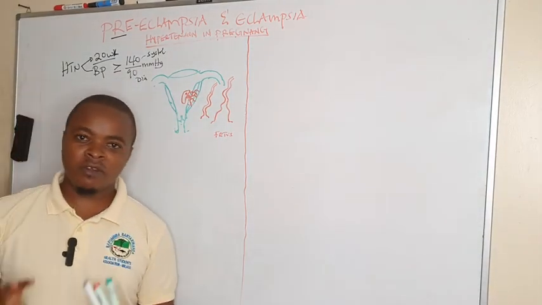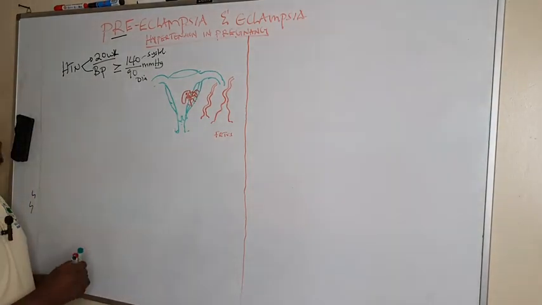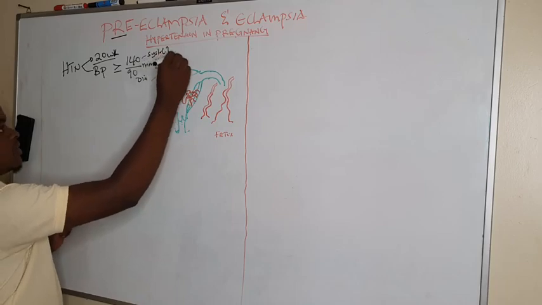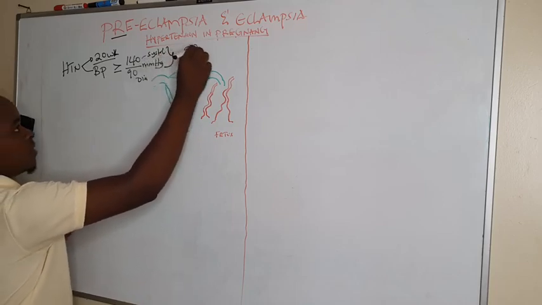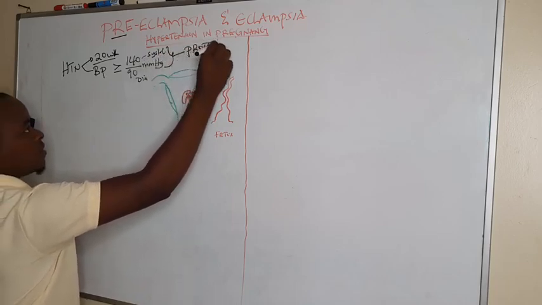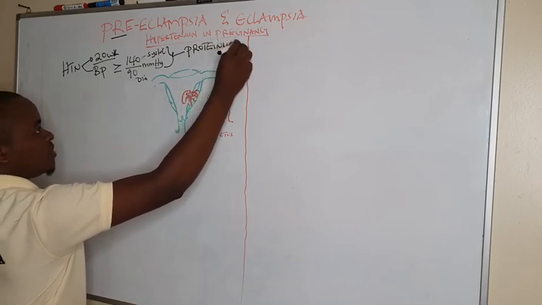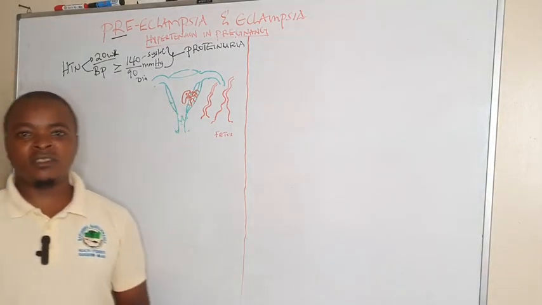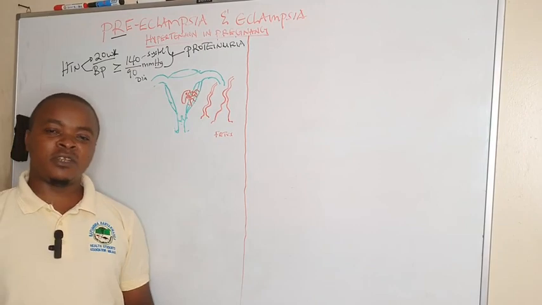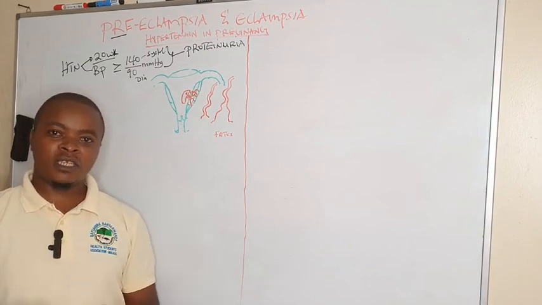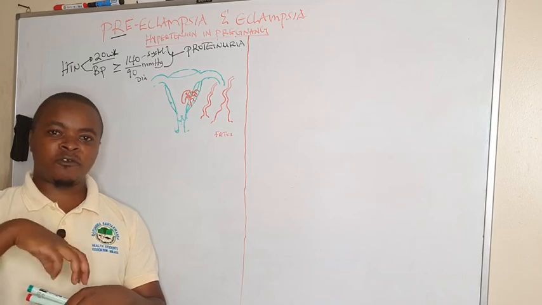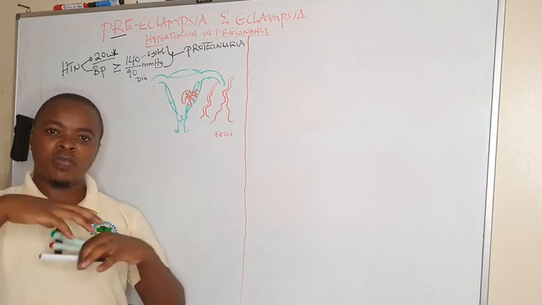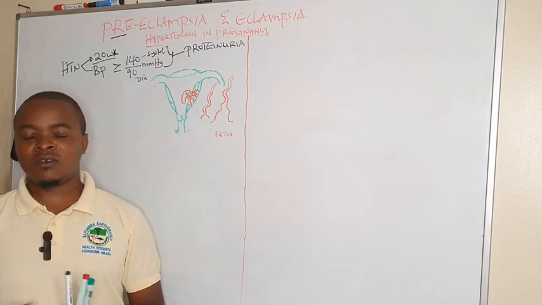That is what we are referring to as preeclampsia, and it is always characterized by proteinuria, the presence of proteins in urine. And how do you know that there are proteins in urine? You find you are producing urine with foam, maybe we can call it bubbles on top of the urine.